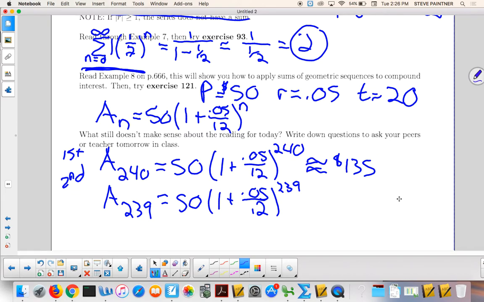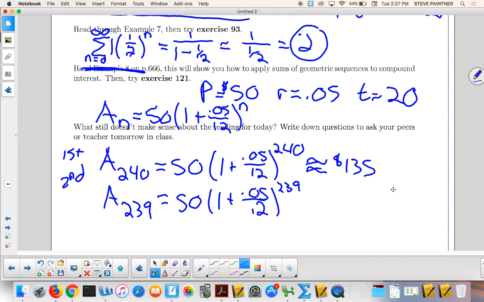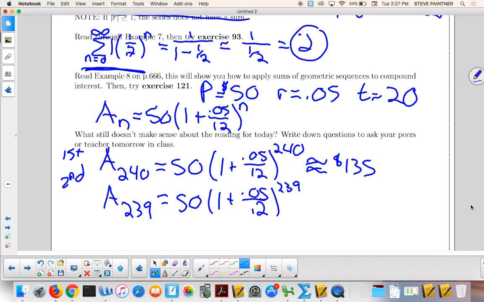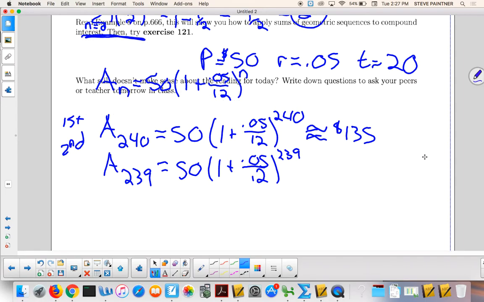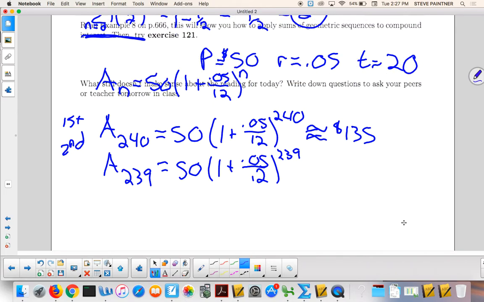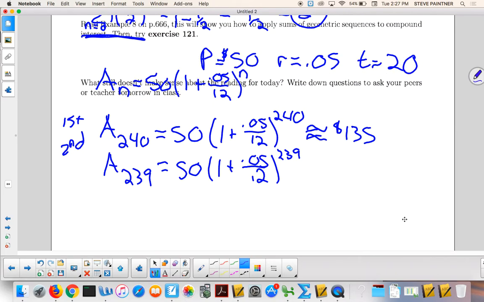And so to do that, you're actually going to come up with a geometric sequence. So I'm going to see if I can scroll down a little bit. I'm going to have to erase some of this stuff up here.